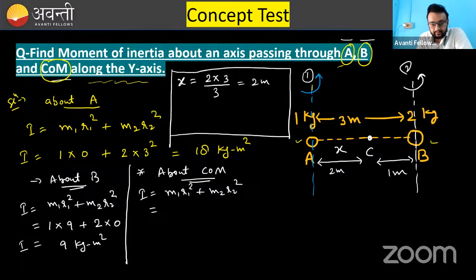Mass is 1 kg, and the perpendicular distance from the axis of the 1 kg mass, this distance, is 2 meter. So square will be 4, plus the second mass is 2 kg and its perpendicular distance is 1 meter. So it will be 4 plus 2, that is 6 kg meter square.